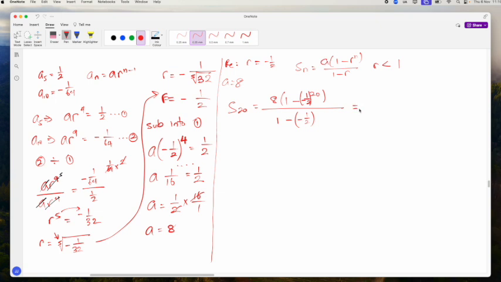So this is going to be, well, the denominator is going to be 1 plus a half. And on top, I'll have 8 into 1 minus this 1 over a half to the power of 20. That number is so small that it's almost 0.